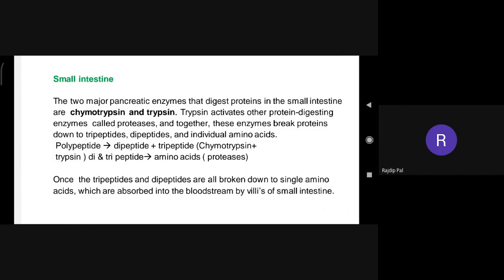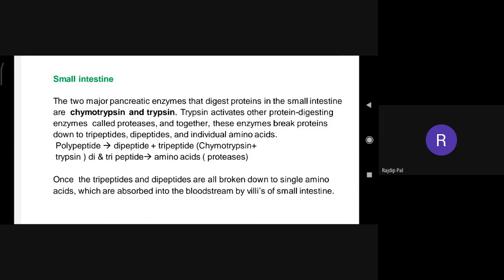These are also important questions, like what is the simplest form of protein? What is the simplest form of carbohydrate? Simplest form of carbohydrate is monosaccharide. Simplest form of protein is amino acid.